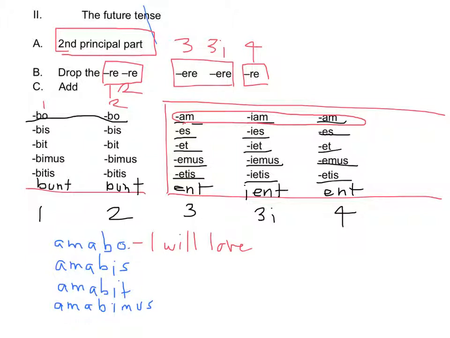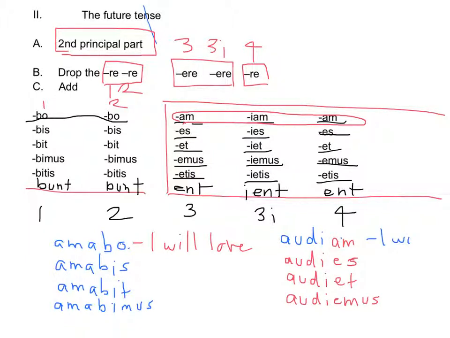For any of the third, third I, and fourth conjugations, let's take, for example, a fourth conjugation, since you just learned that. You take the same thing, second principal part, drop the RE, and then add AM, then ES, then ET, and EMUS, etc. And again, that translates as I will hear, or I will listen.